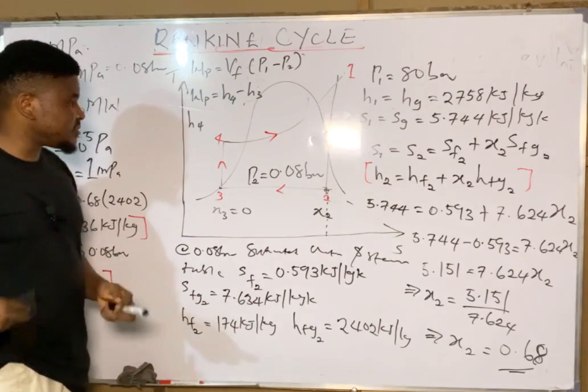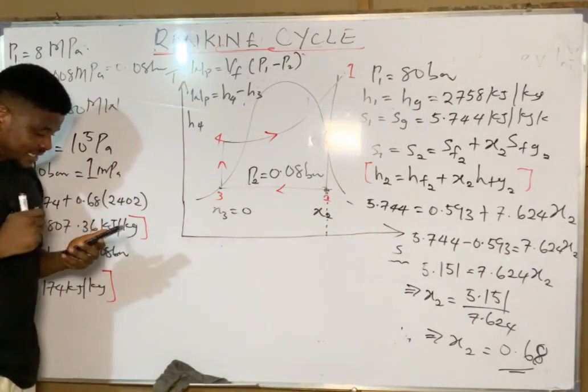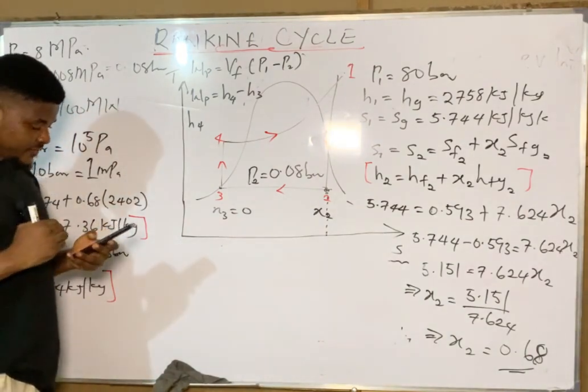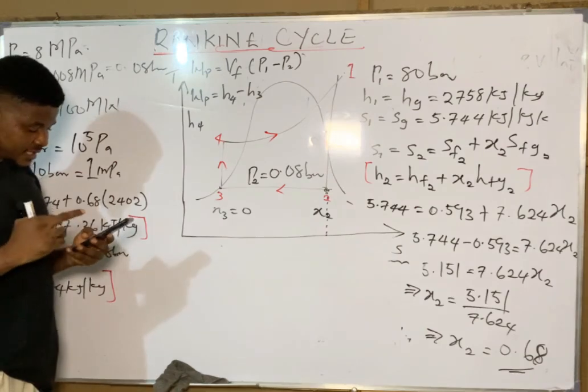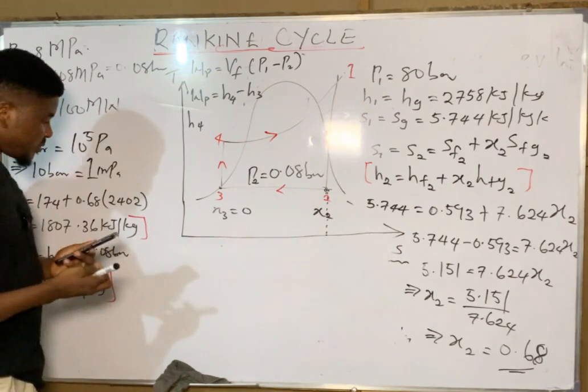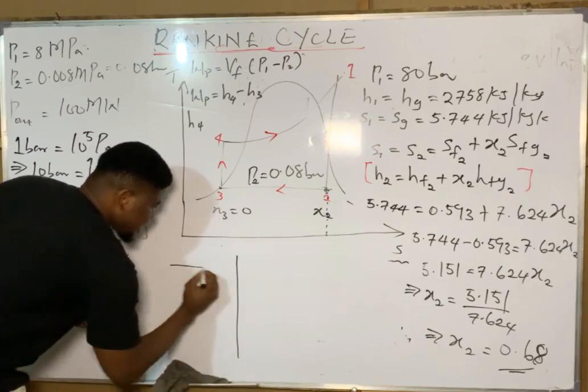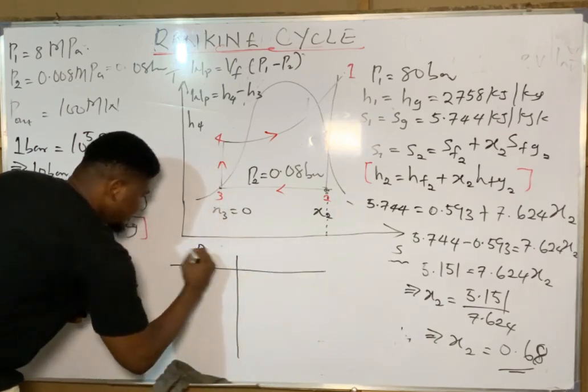So let's go to our steam table and see. From the steam table, there is no exact 0.08, but what we have there is 0.0779 and 0.0821, and we need 0.08. So we simply interpolate, right? Let's interpolate. These are the values of our pressure.